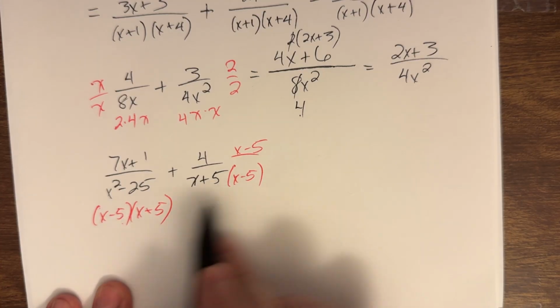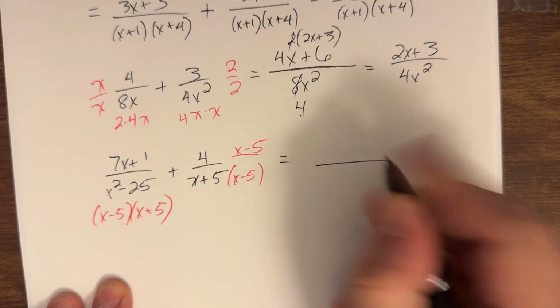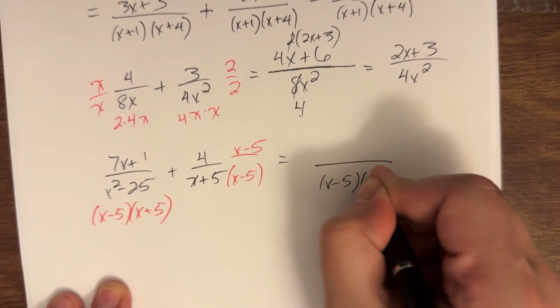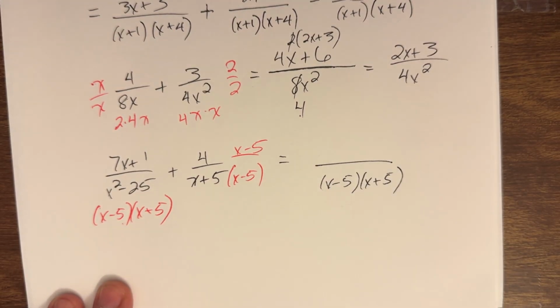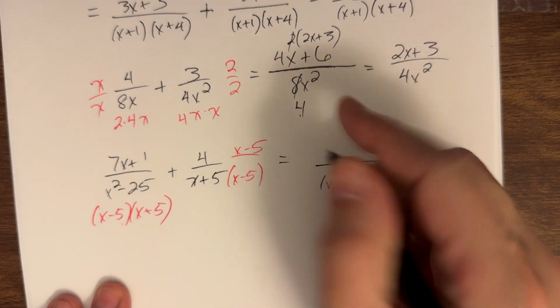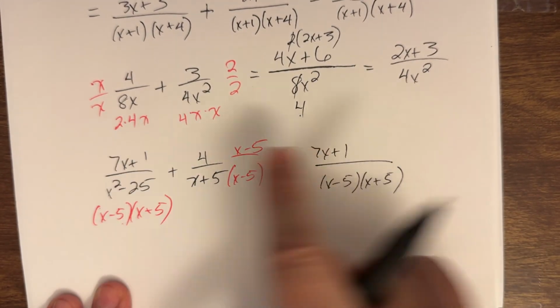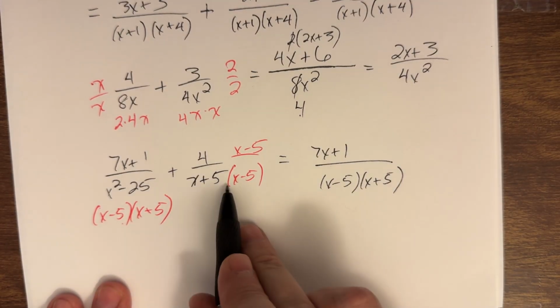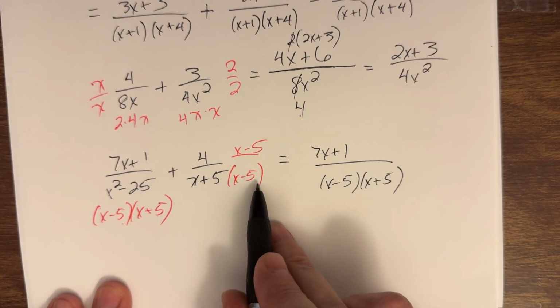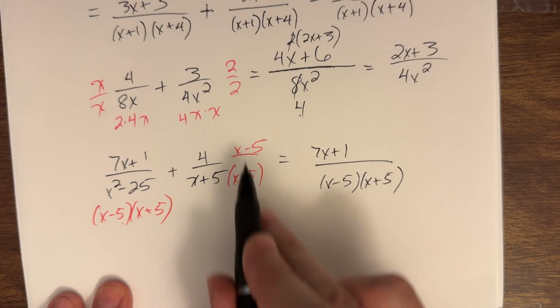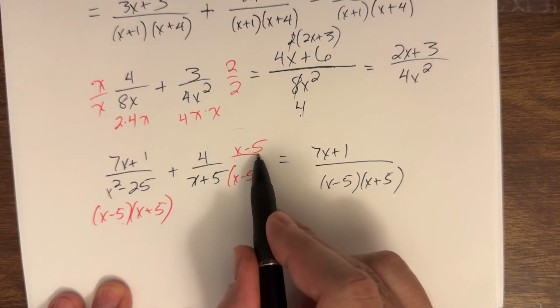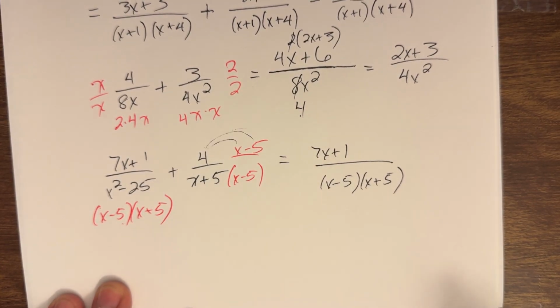Now I've got the common denominator. I've got an x minus 5, x plus 5. This one was already done, so the 7x plus 1 just comes over. Over here, to get that common denominator, we had to multiply by x minus 5. Let's do that here. Let's distribute that 4.